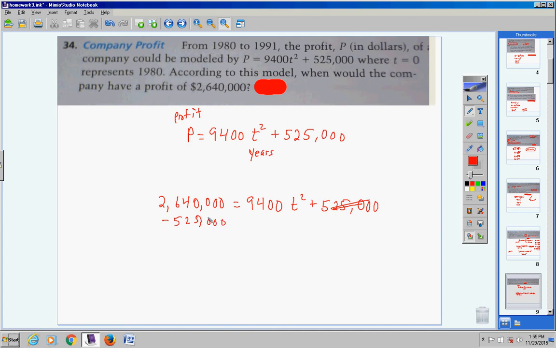Alright, so if you subtract those two numbers, you're going to get 2,115,000 equals 9,400 t squared. Now divide both sides by 9,400 and you're going to get 225 exactly.